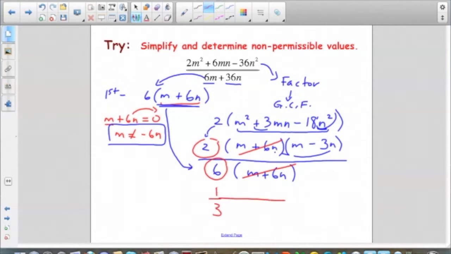Now we just bring in what's left over, and we don't need a 1 now because we have a bracket. If we didn't have a bracket, we'd have to keep the 1 in play. So now what's on the bottom? Nothing, because this went to 1 over 3. So my answer is (m minus 3n) over 3.